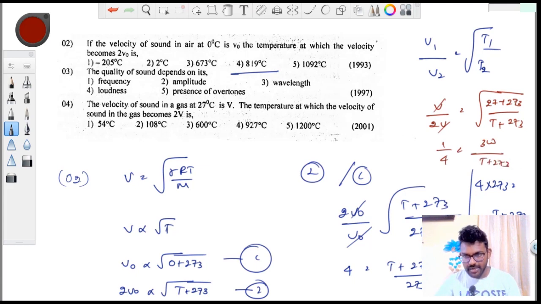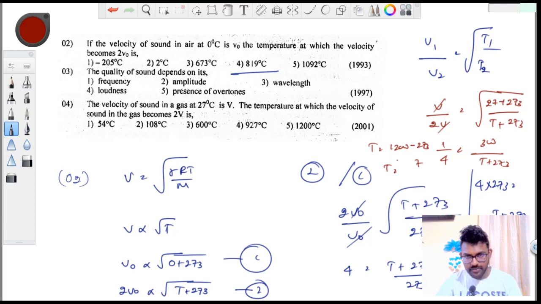So this goes up and this goes like this. Then it will be 1200 minus 273. T equals 1200 minus 273, just cross multiplying and taking the 273 to the other side. Then T equals the subtraction of 1200 minus 273, so it will be 7 here.